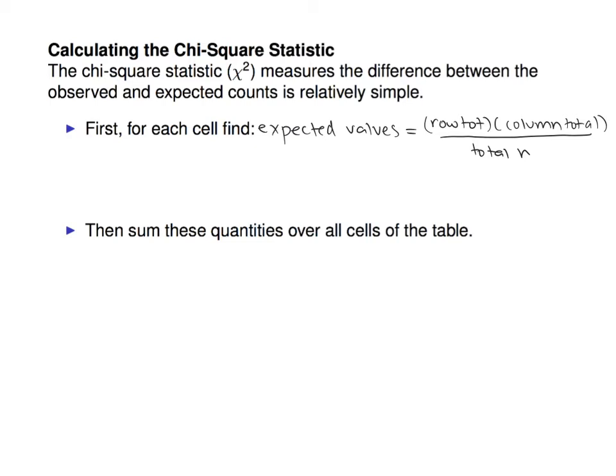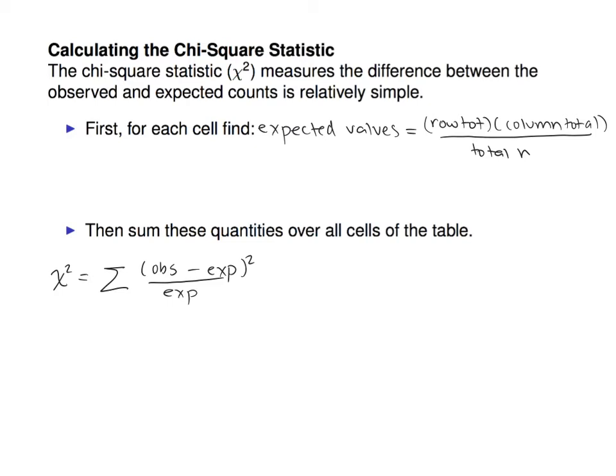If they're very, very different than the values that you observed, then you're going to get a big chi-squared. So chi-squared is equal to that big old sum symbol of observed minus expected squared divided by expected. And this is over every single place in your table. And remember, that big sigma symbol just means add them all up. So for the first place, do observed minus expected squared divided by expected, and just keep going.